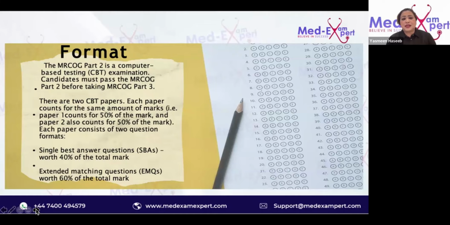And in between, there is a lunch break. Paper 1 counts for 50% of the marks, and paper 2 counts for 50% of the marks. So the total is 100 marks. Each paper consists of 2 types of questions, which you are already familiar with. However, beginners should know they are SBAs 40%, EMQs 60%.